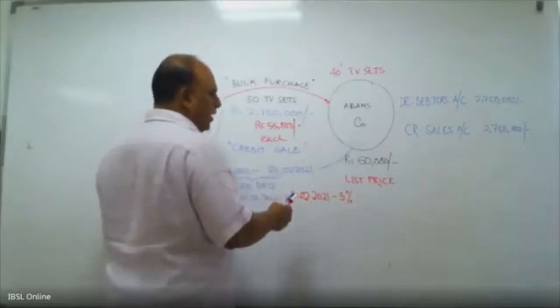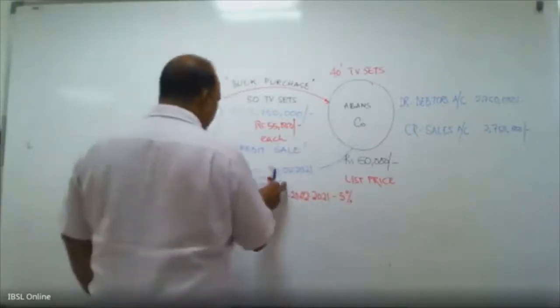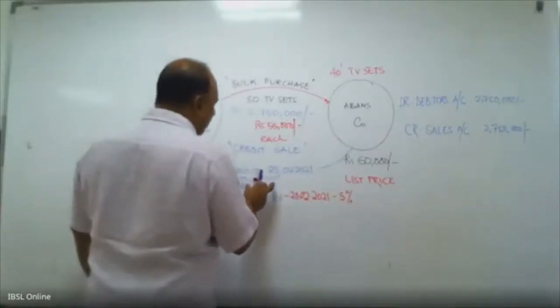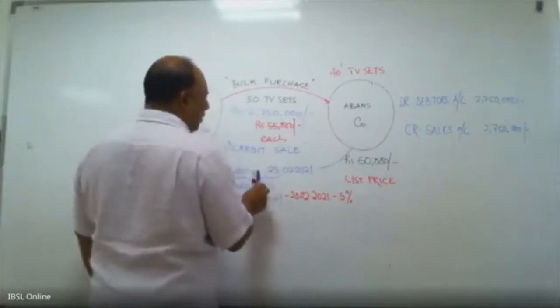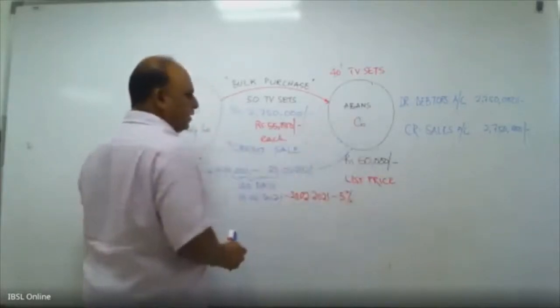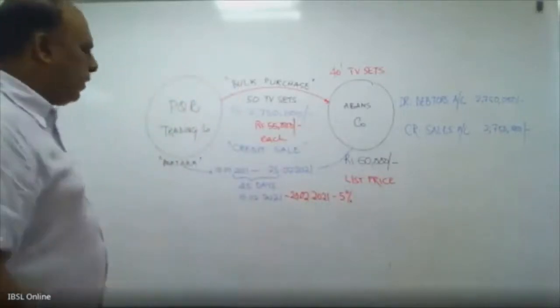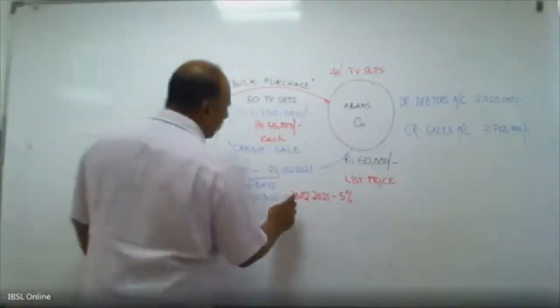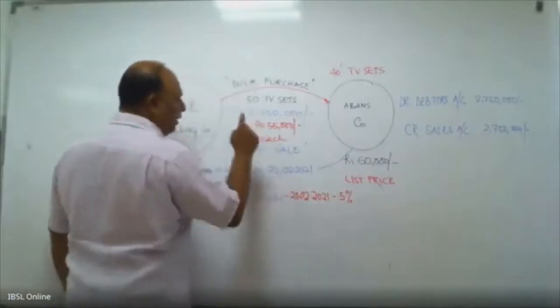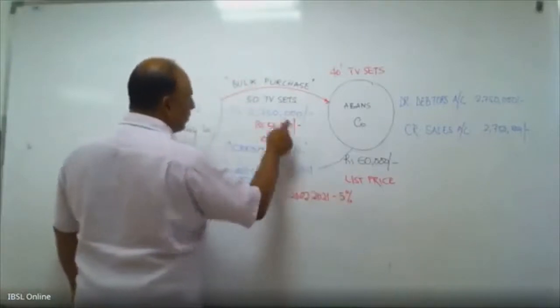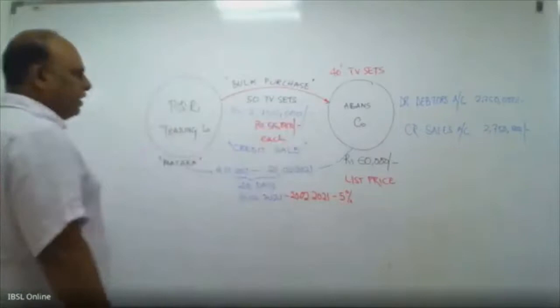So when you enter into liquidity problems, what will happen? Even though you have given 45 days, now you are in a critical condition where you need cash. So as a result, they call and tell them, look, if you pay before 20th of February, I will give you 5% discount on this 2750.